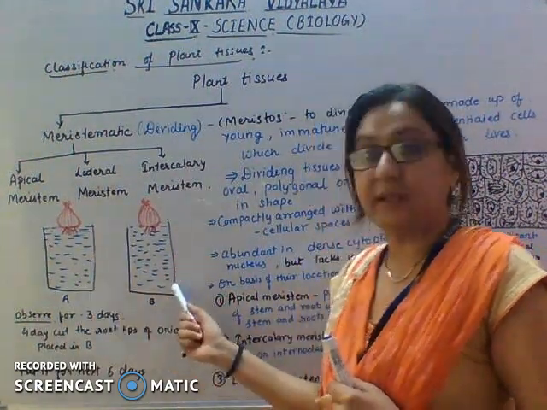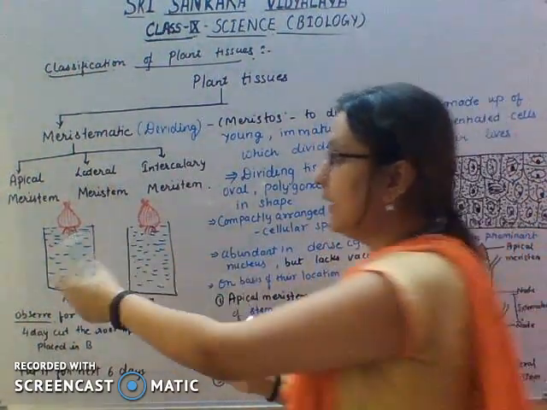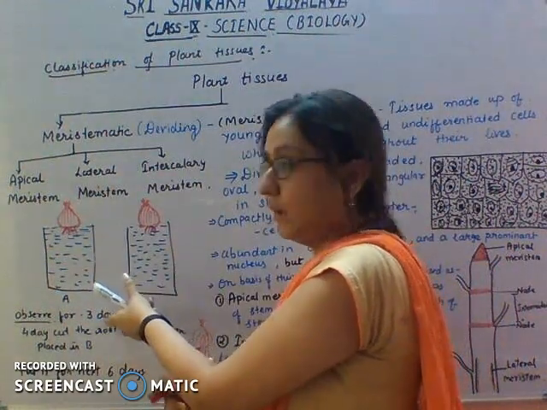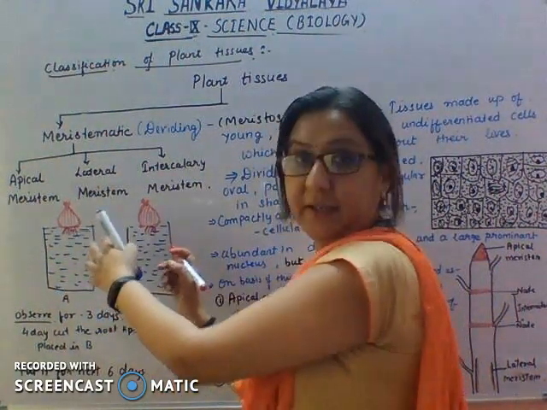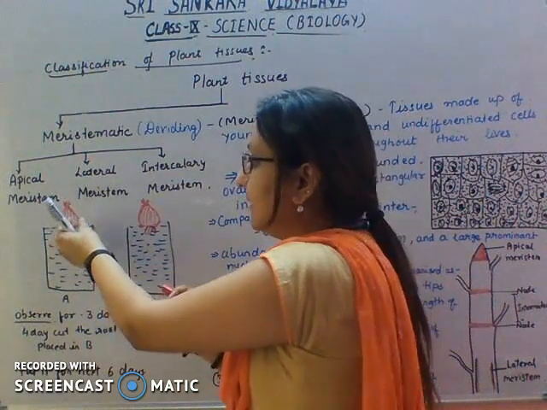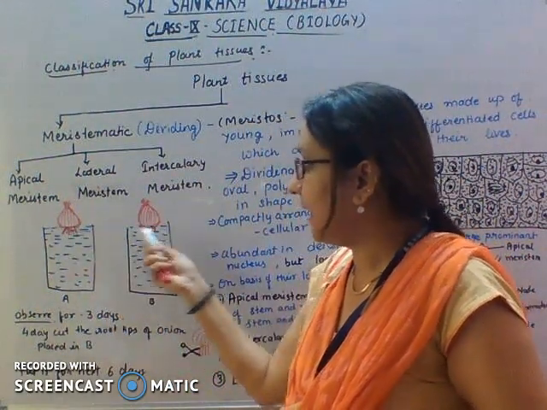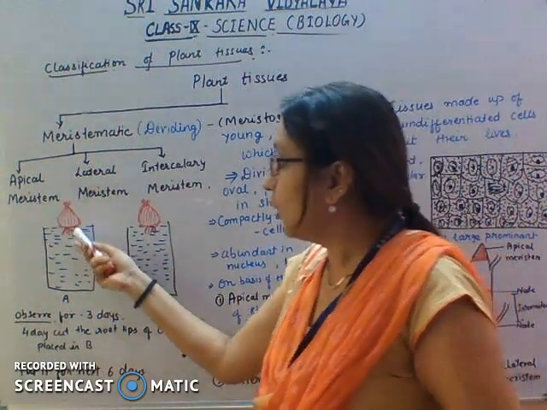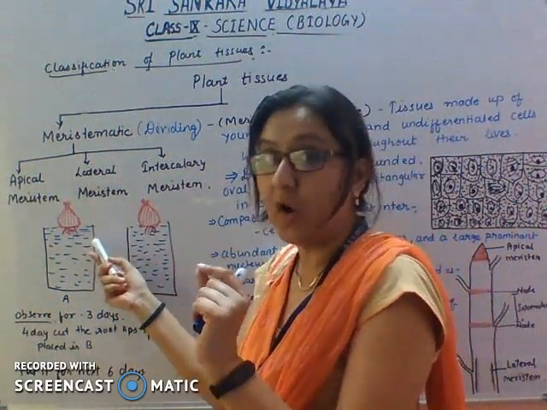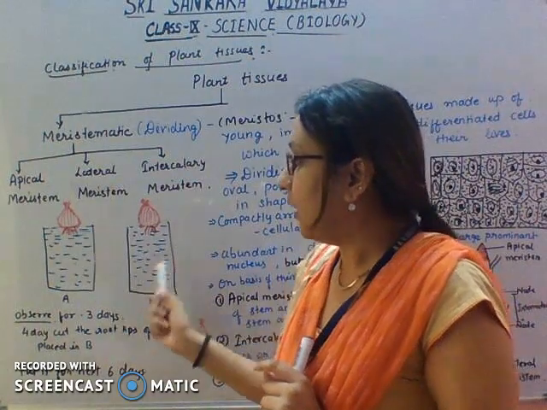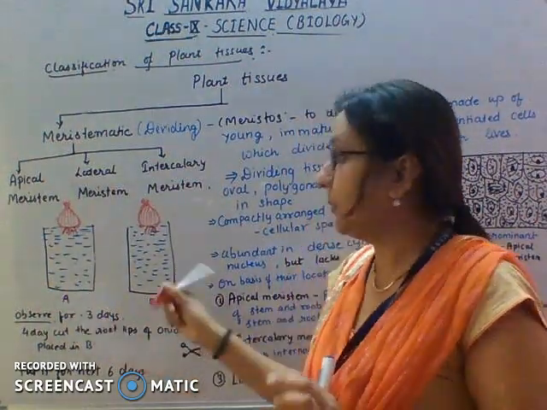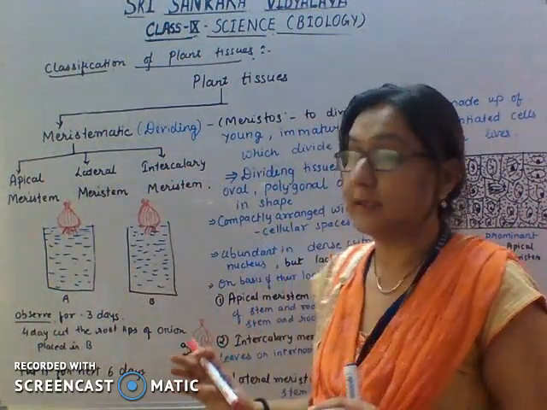We will take these two beakers A and B and fill them with water, and place the two onions in the beakers, dipping the roots of the onion so that the roots get submerged in the water. Observe the two beakers for 3 days.